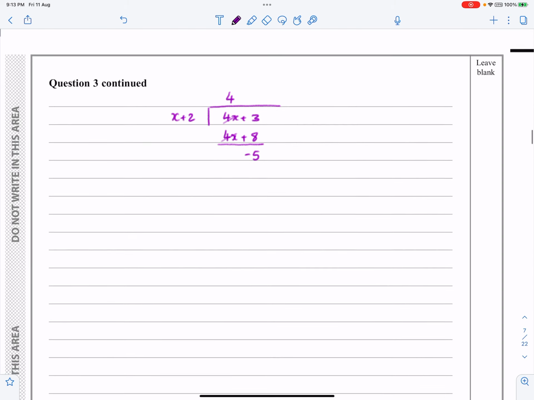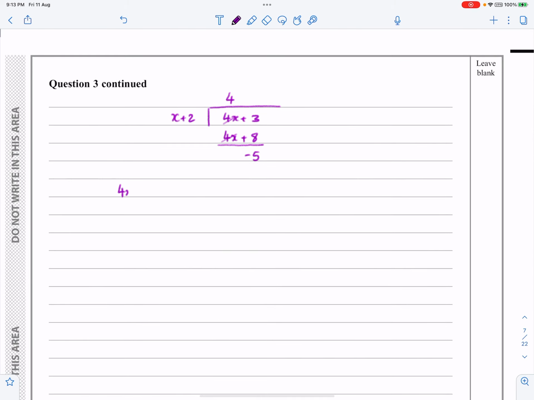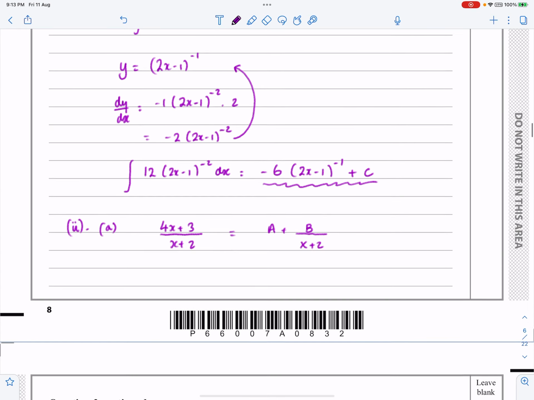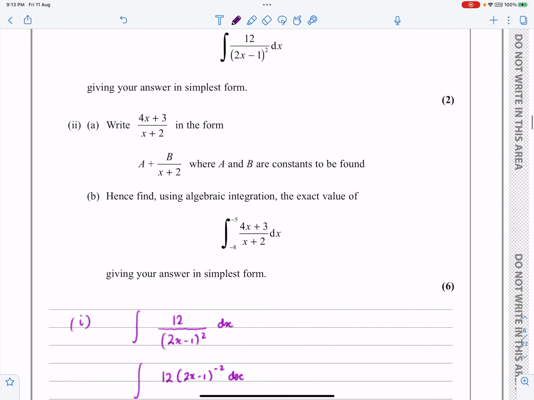So that's my remainder. So I can now write (4x plus 3) over (x plus 2) is my 4 here, but then with minus 5 left as a remainder out of x plus 2. So I've now got that in the format that I wanted. So that's the answer for part A.